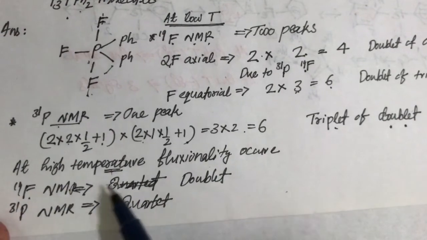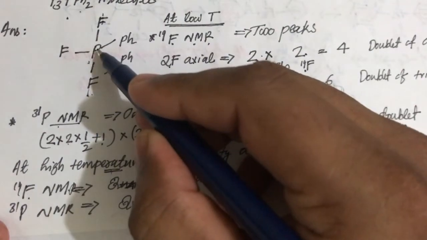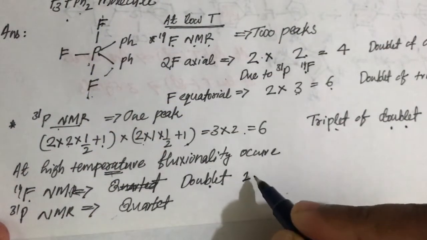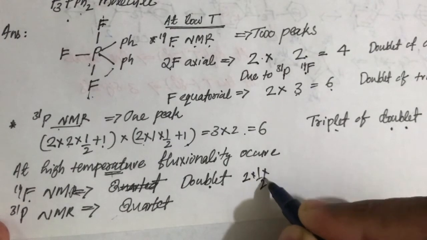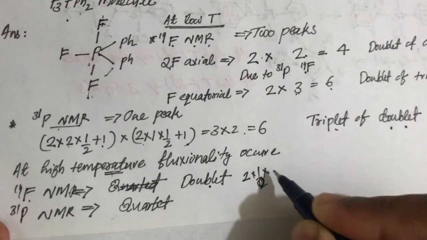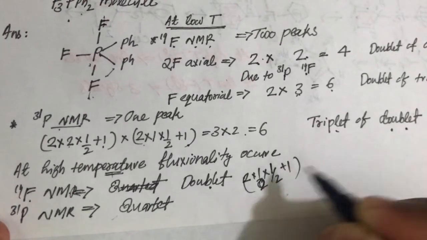That signal splits into doublet due to the presence of one phosphorus, that is 2 into n, I for phosphorus half, plus 1, that gives you 2, so doublet.